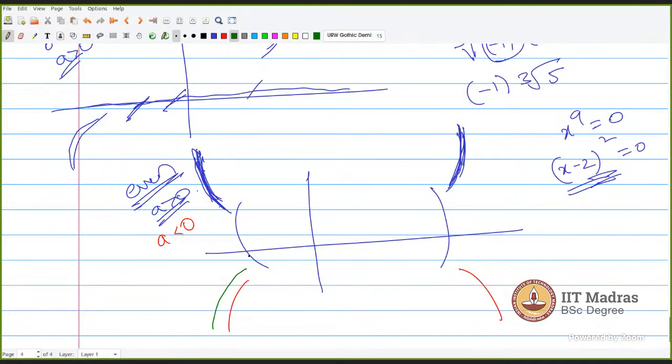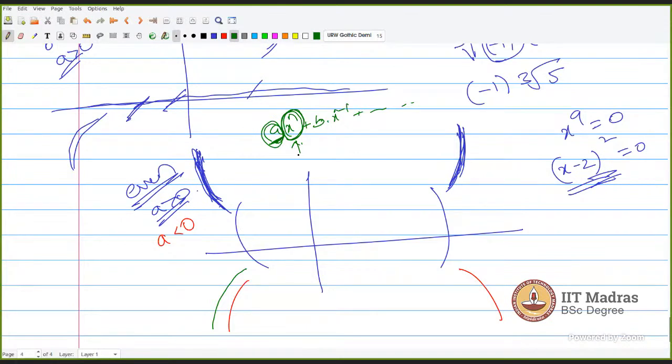If you have something of the form a x power n plus b x power n minus 1, find the leading term x power n and look at the coefficient of that. Whether it is positive or negative is what we are concerned about. We don't need to worry about the value.